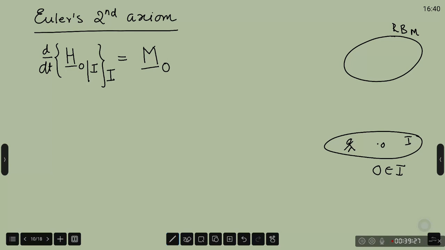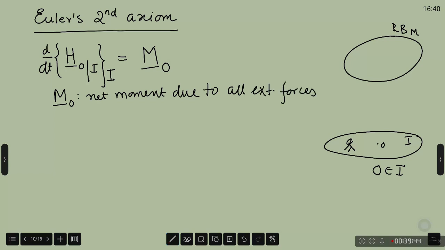MO is the net moment due to all external forces and torques about point O, where O is fixed in I.